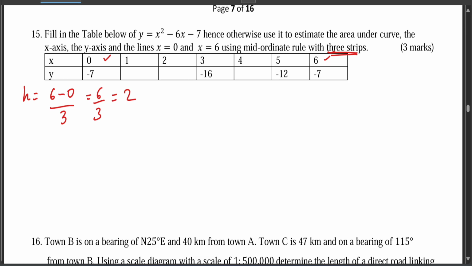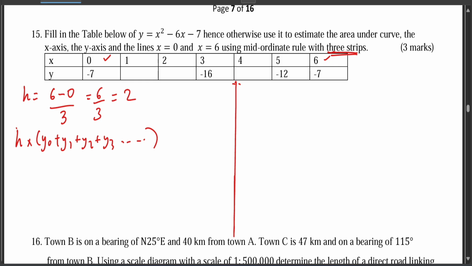And then here you have already been told to find the area using the mid-ordinate rule. And the area using the mid-ordinate rule is given by your height, that is the value of x, your height times y0 plus y1 plus y2 plus y3, and it continues like that.